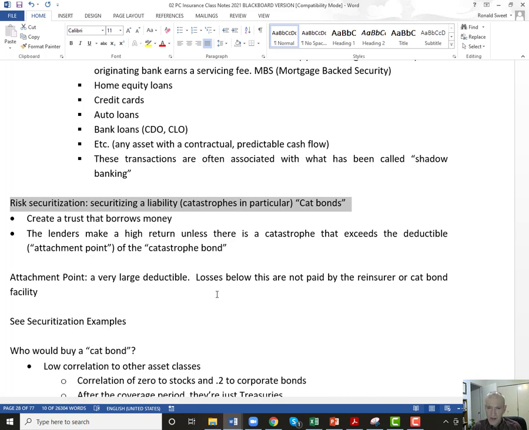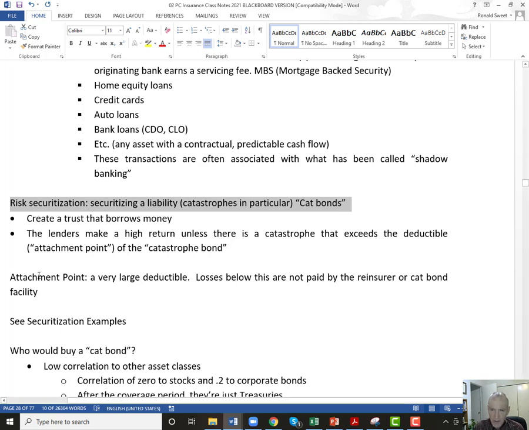You create the trust that borrows money, and what the lenders are told is, hey, we'll give you a really high return on these cat bonds, a better return than you can get anywhere else. However, if there's a major catastrophe that exceeds our deductible, exceeds the attachment point, then you as a bondholder are not going to make the return you made. Maybe the catastrophe is a 1% event. So the people who loan money to the trust have a 99% chance of making a really good return on their cat bonds, and a 1% chance of losing money, even losing 100%.